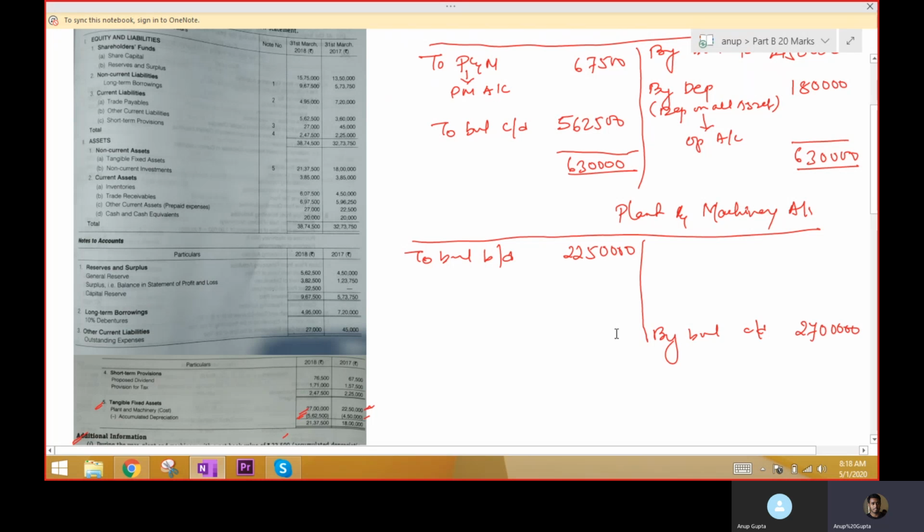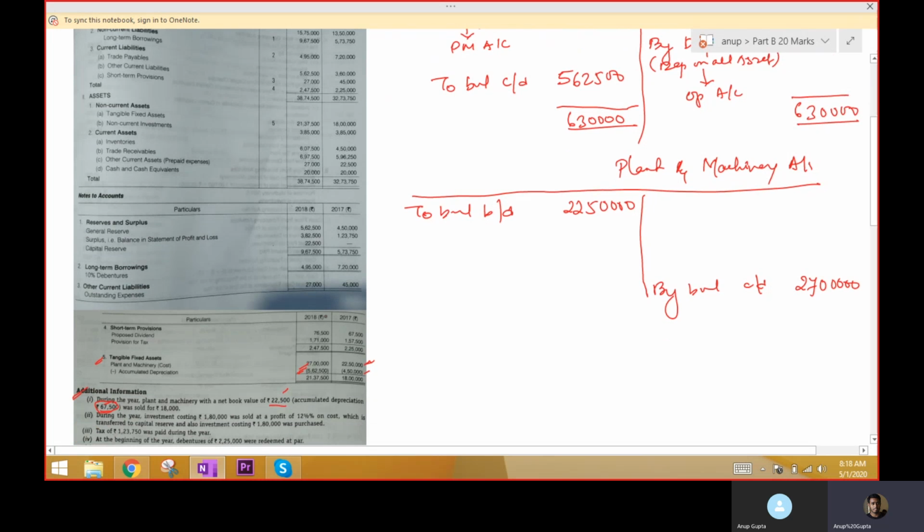Now let us read the adjustment and pass the entry. They have said that a machinery of book value 22,500 was sold for 18,000. That means there is a loss. How much is the loss? Loss of 4,500.